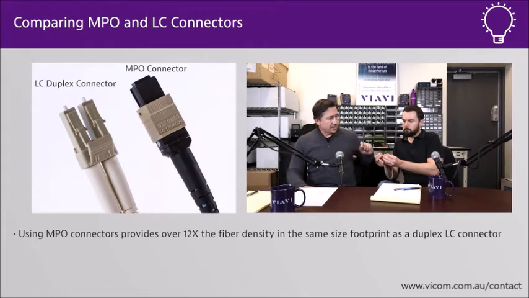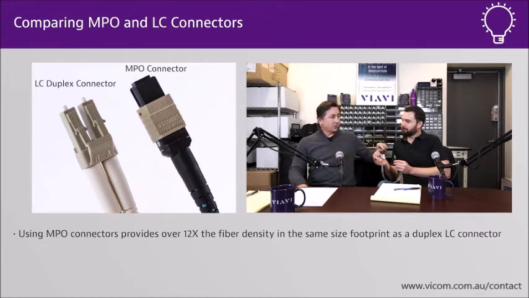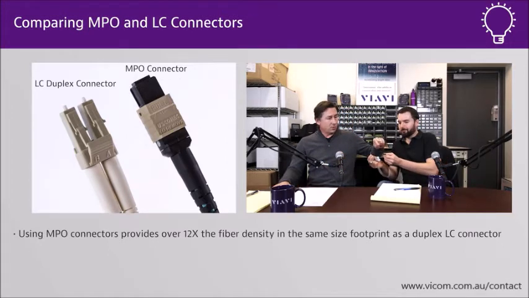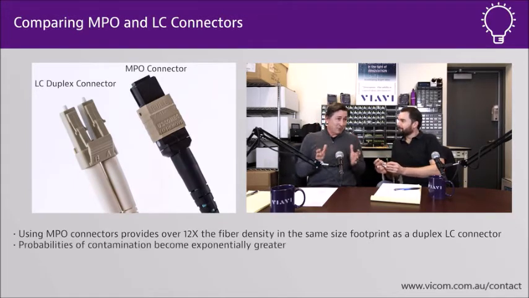The other thing that's going on is that there is one fiber on an LC, a small 125 micron fiber in the center of that ferrule. There are 12 or 16 or 24 fibers on an MPO ferrule. So probabilities are power functions.